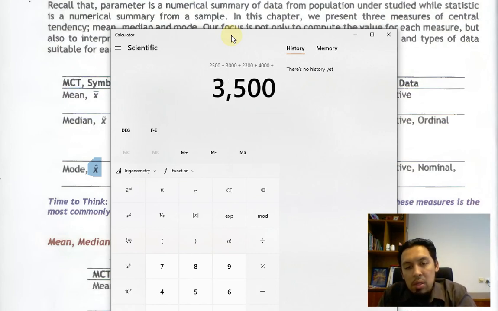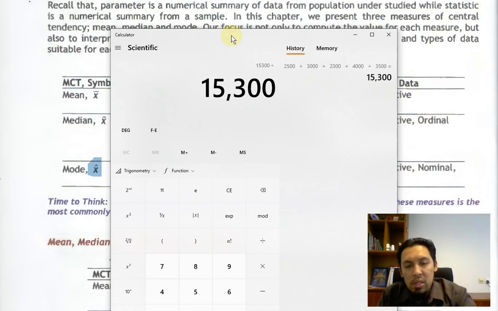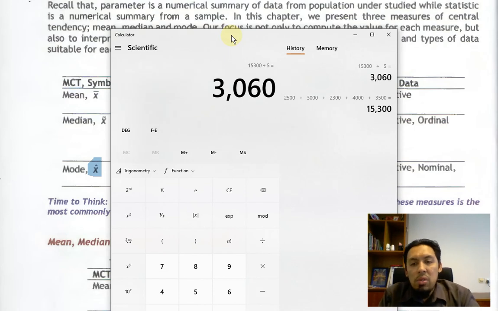Okay, so basically the average of the salary between these 5 people, when you divide it by 5, is 3060. So there is no problem to report this value here, because as you can see, the range of this salary is not really far away.